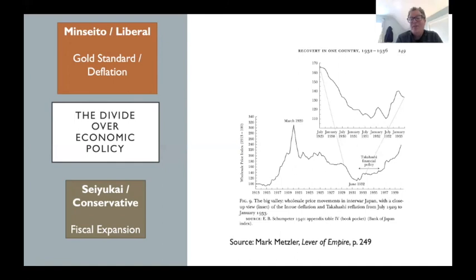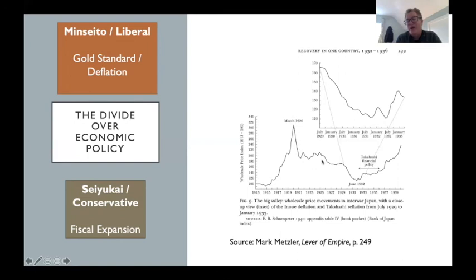And so the Minseto very much subscribed to this liberal commitment to the gold standard and to using deflation to keep the economy from having out of control inflation. And under their rule during the 1920s, Japan has several periods of abrupt deflation.